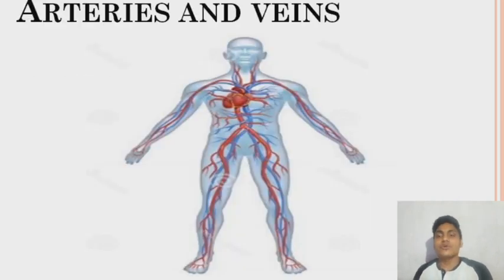As I told you earlier in the start of this video, our circulatory system is the same as a pump. What does a pump do? A pump transports water from the ground to the roof, to the tank on the tower. How does this water get transported? Through pipes, right?